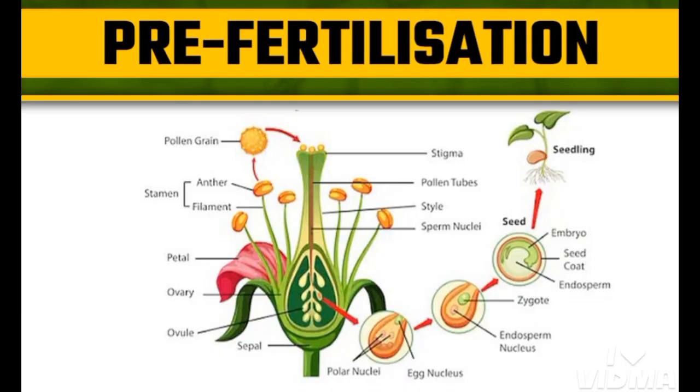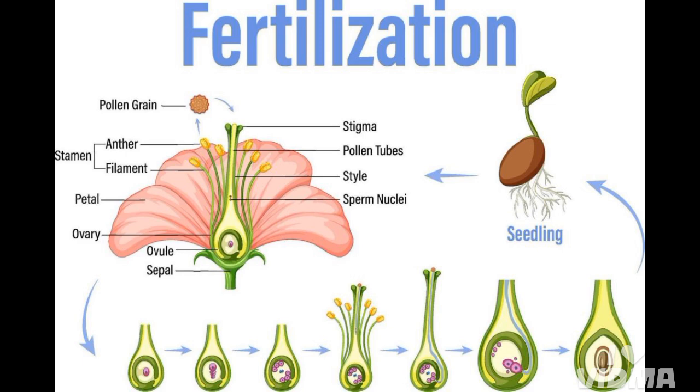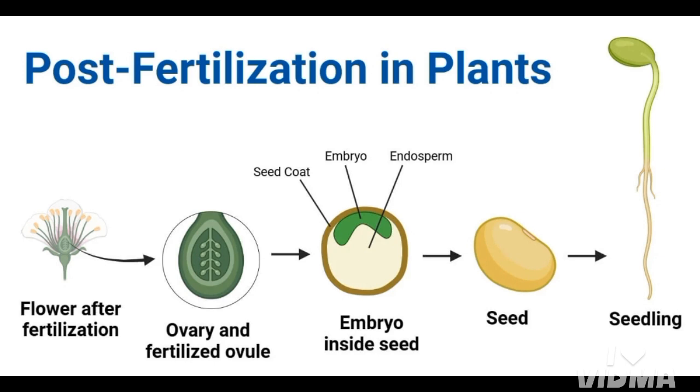Number 1 is pre-fertilization, meaning the flower is getting ready for the process of fertilization, where we will study the structures of a flower, what functions they perform and what the uses of those functions are. The fertilization event is the most important, where the whole process happens, and post-fertilization covers the structures and events after fertilization, meaning what happens when the plant grows.